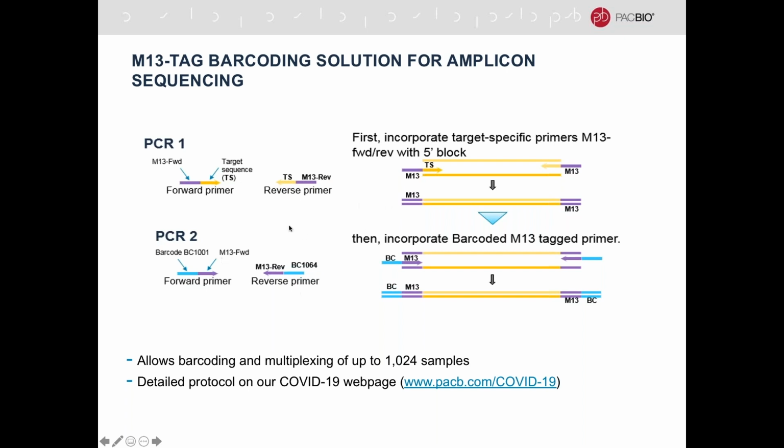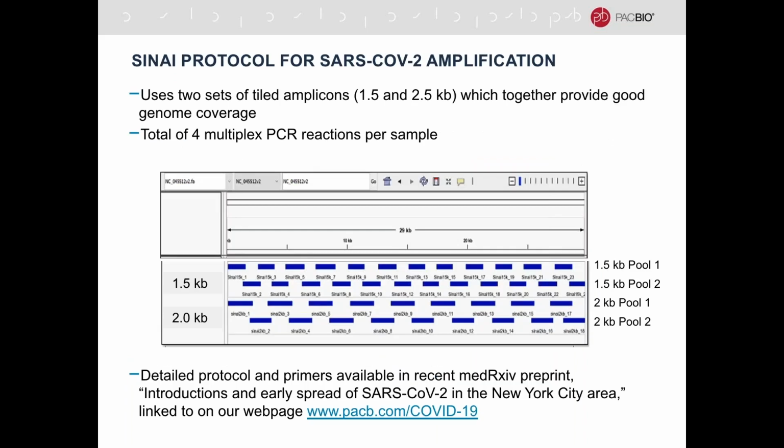And then those M13 tags allow you, with a second PCR step, to add a sample-specific barcode using those M13 tags to amplify the target sequence. With this method, you can barcode and multiplex up to 1,024 samples on the PacBio system. And there's a detailed protocol for this also on our COVID-19 webpage.